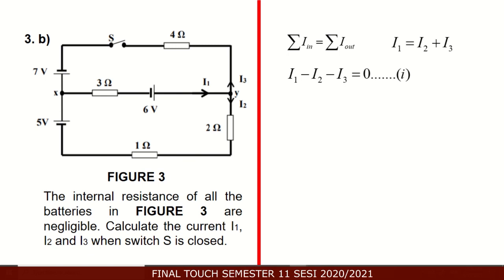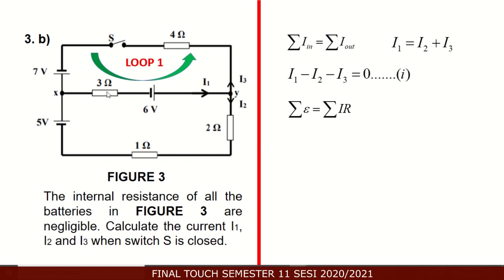For equation 2, we apply the second law. Summation EMF equals summation I times R. So we can choose a loop. Let's say this one is loop 1. Rotate anti-clockwise. Total EMF here, we have 2 EMF, 7 and 6. So total EMF equals 7 plus 6 volt, equals IR.